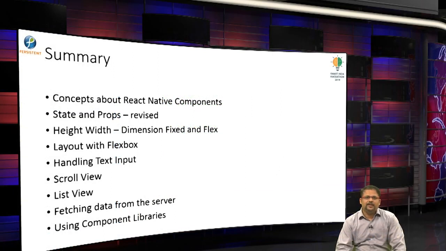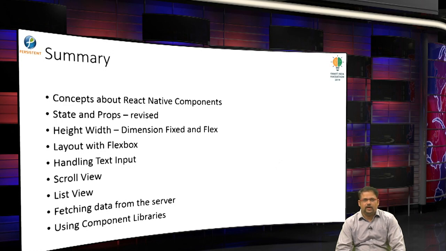Before we end this particular session, let's quickly go through all the points that we have discussed today. Initially we revised the state and props concept that we saw in the last module. Then we went for height and width, or more precisely fixed dimension and flex dimension. Flex dimension is about the flexbox which is there in CSS3, so it's almost the same with a few changes in a native app as well.